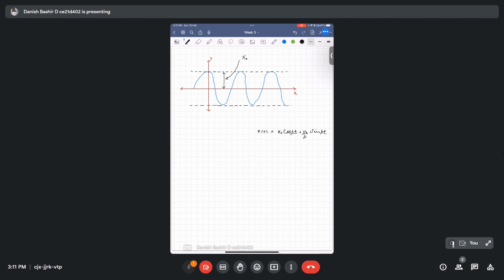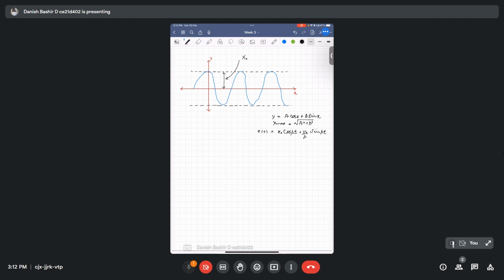So we have to check for the maximum solution. We know for this type of function x of t, for example y is equal to a cos x plus b sin x, the maximum value y max is the square root of a square plus b square.